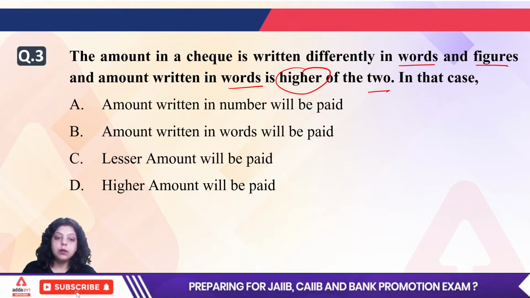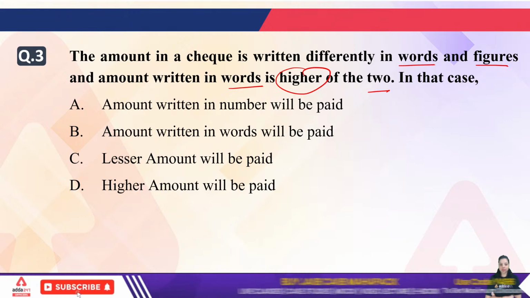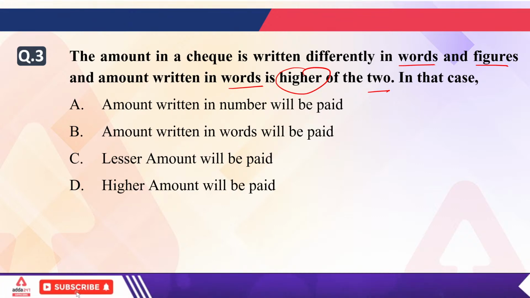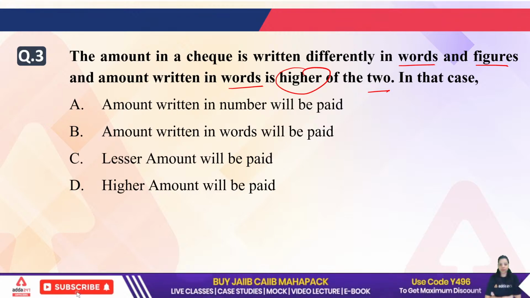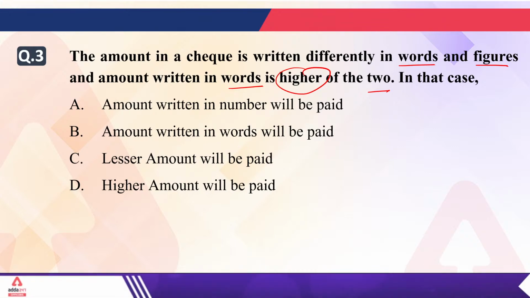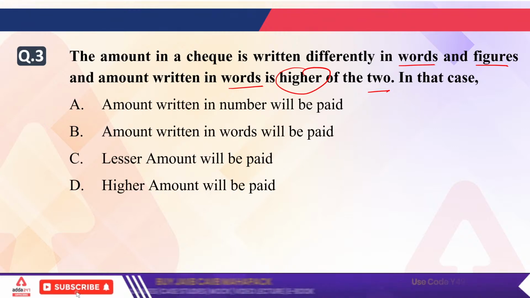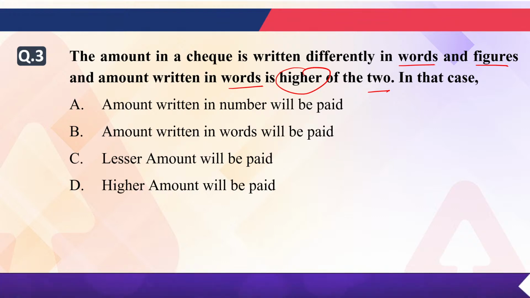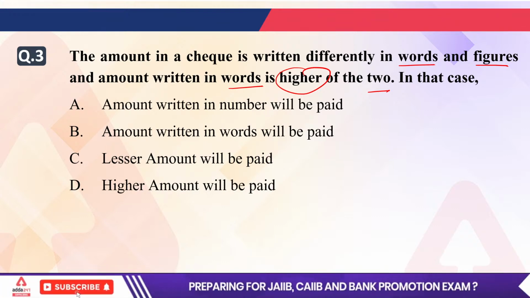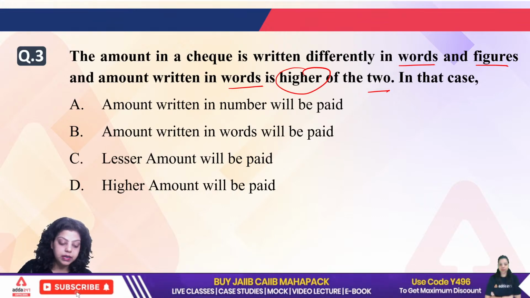The options: first, the amount written in numbers will be paid; second, the amount written in words will be paid; third, the lesser amount will be paid; fourth, the higher amount will be paid. Which of the following is the correct option? A, B, C or D?